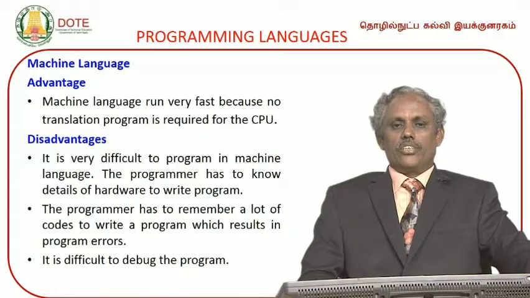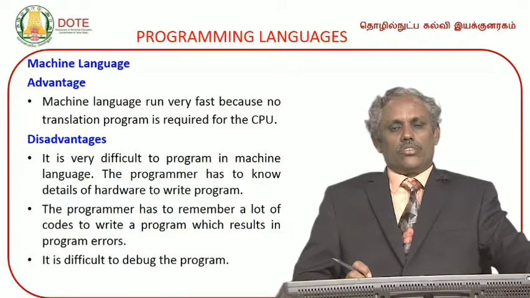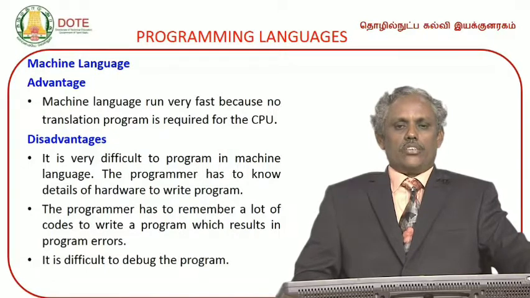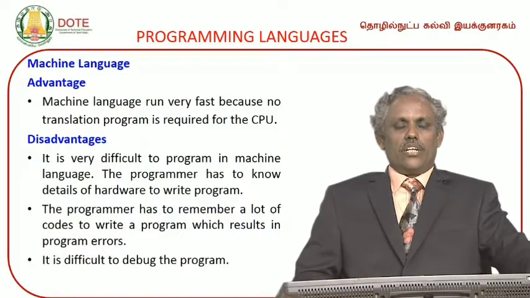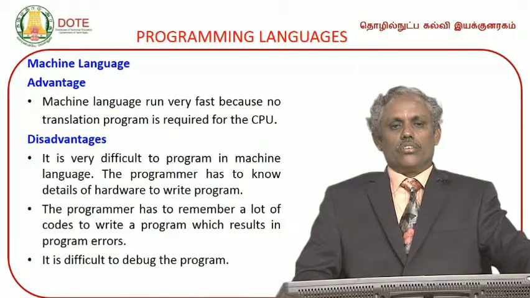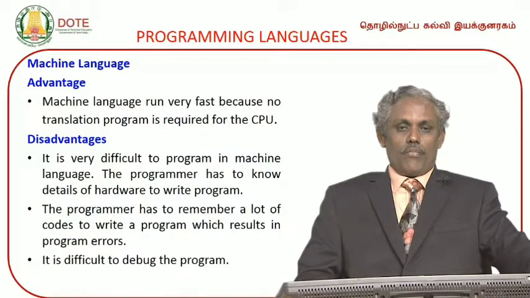So, they can directly execute, but the disadvantage of the machine language is it is difficult for the programmer, and also programmer has to know the details of the hardware, has to remember a lot of codes to write a program. It is difficult to debug the program. So, for writing a program in machine language, the internal architecture and the memory addresses and data formats should be known to the programmer.